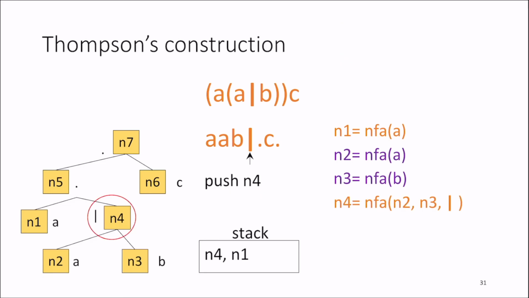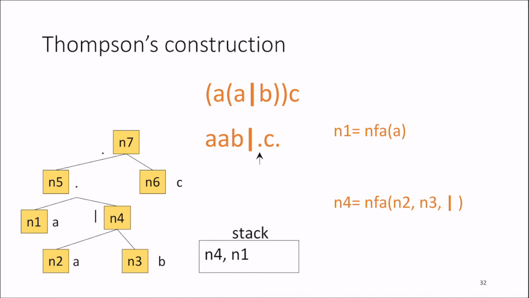And that's what we do, and create N4. So any of the nodes that are internal are going to be taking arguments and creating a more complex NFA using one of the Thompson rules. In this case, the alternation creates the NFA N4, and then we push that N4 onto the stack.